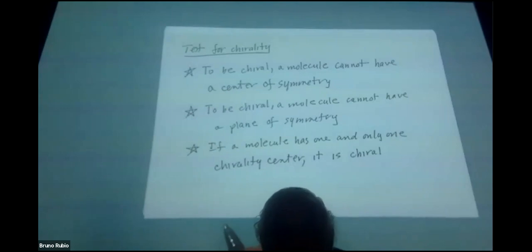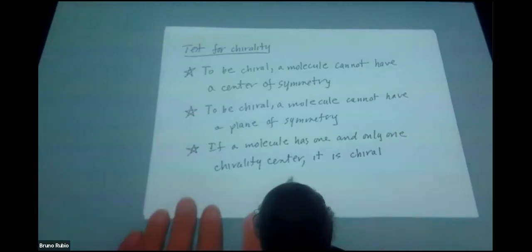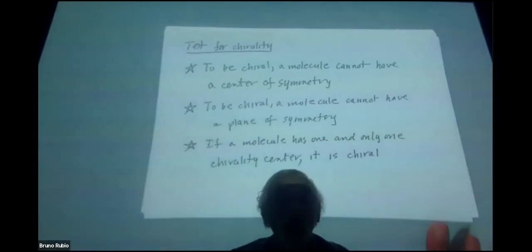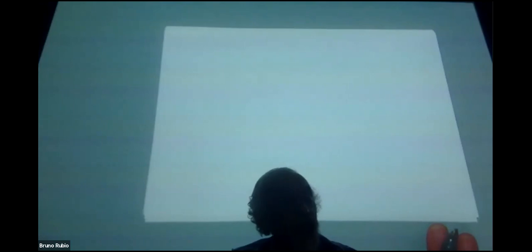So no plane of symmetry, no center of symmetry, but if the molecule has one and only one chirality center, it is guaranteed to be chiral. All right, and what is a chirality center? We'll be talking about that. Okay, so these are the quick and dirty tests for chirality. Let's unpack all of those tests.